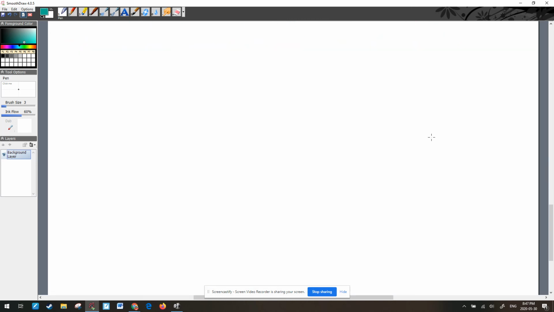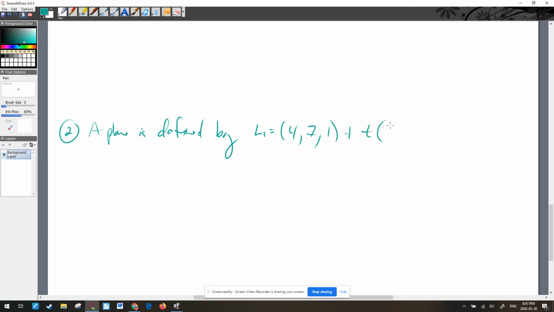And then a second problem for you to try is a plane defined by two vector equations. Line 1 is equal to (4, 7, 1) plus t times (1, 0, 3).